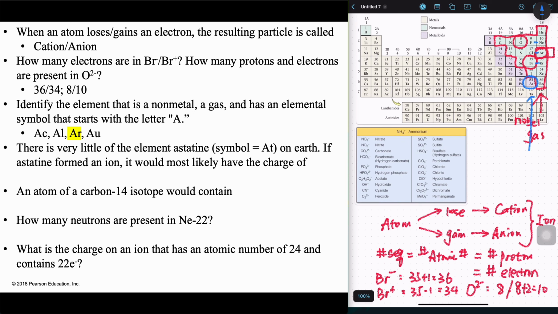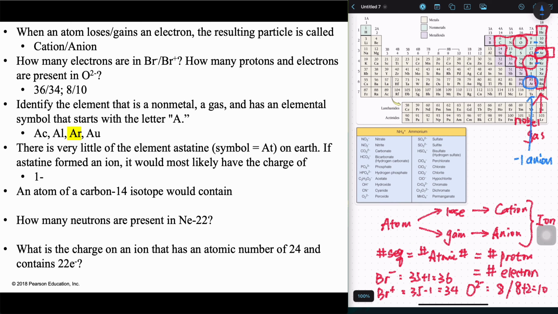These elements tend to form a -1 charged anion, right? Because this column is called the halogens. So based on this trend, we can say this new element we have never seen before is most likely to have the charge of -1.